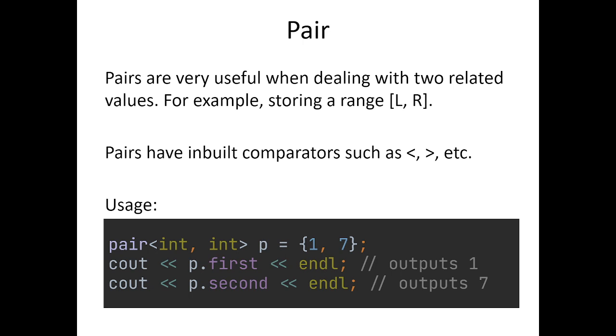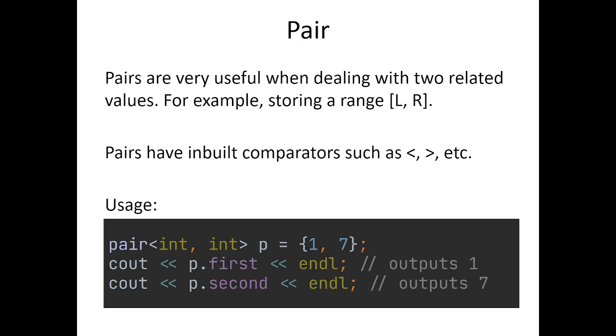So without pairs, it really becomes a difficult job, right? How will you do it without pairs? Can anyone tell me? We will make two arrays. Then we will check for both the indexes of the array simultaneously. Then we will sort. Not simultaneously.